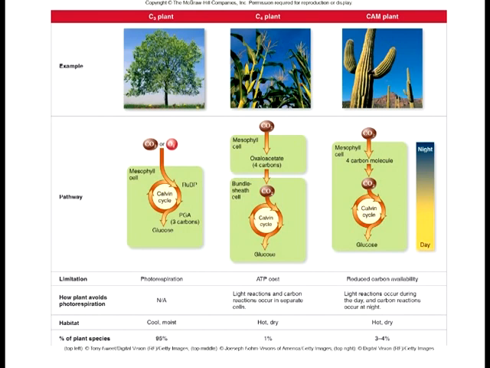Oxygen builds up, but the Calvin cycle just keeps going because instead of capturing carbon dioxide with Rubisco, they capture it with a different enzyme which doesn't have that problem with photorespiration. And then they just move it over to the Calvin cycle. They say, okay, here's the carbon that you need for the Calvin cycle. And they completely bypass the issue with the Rubisco enzyme.